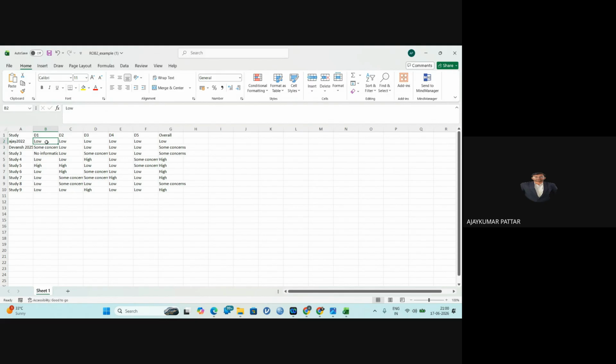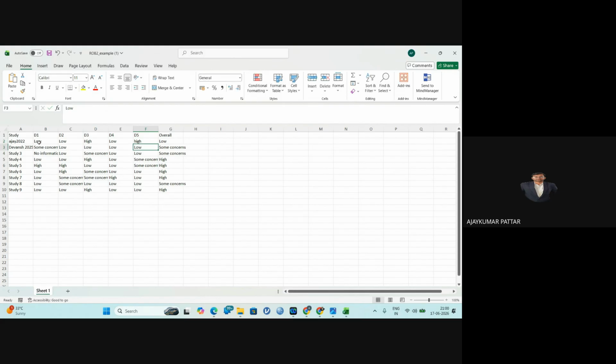If I mentioned low risk, then I will click here low risk. Then domain 2 also, if I have low risk there, then I will keep low risk here. For domain 3, consider if I mentioned high risk there, I will give high. Then domain 4 low, domain 5 high.